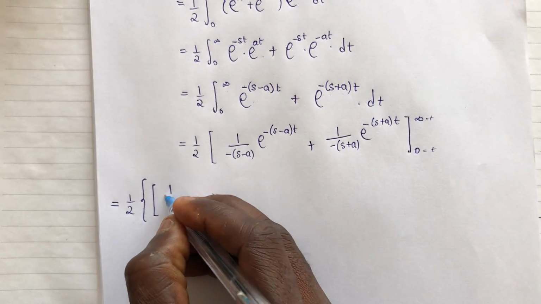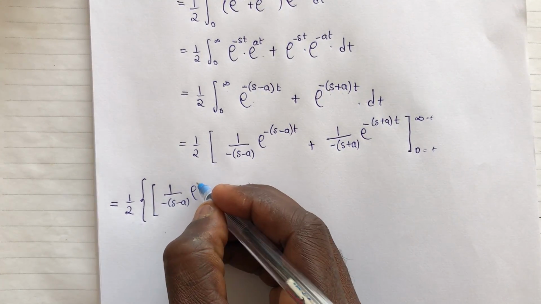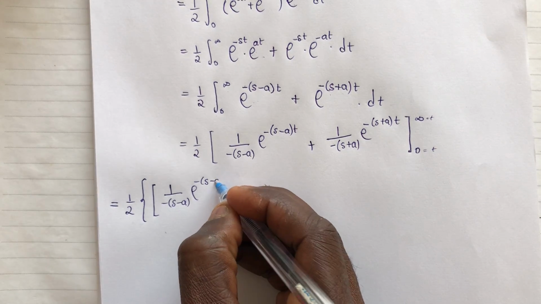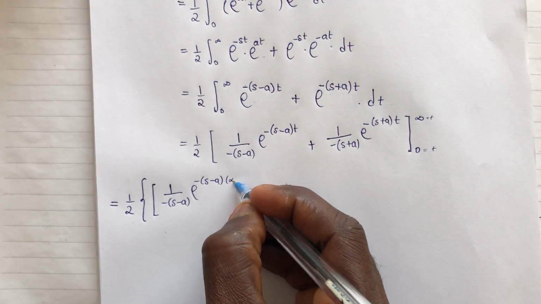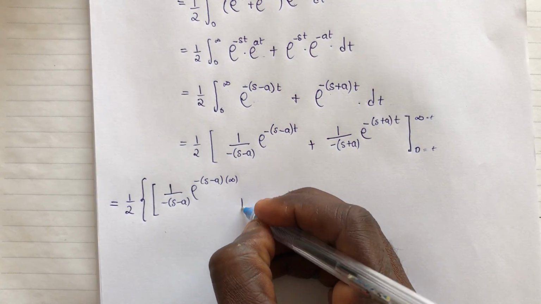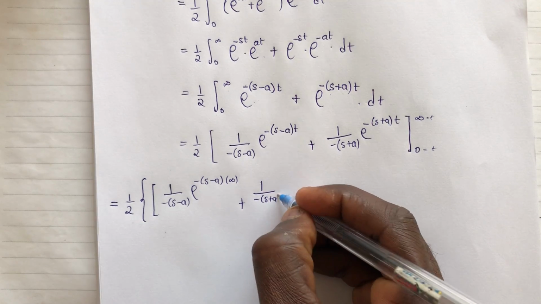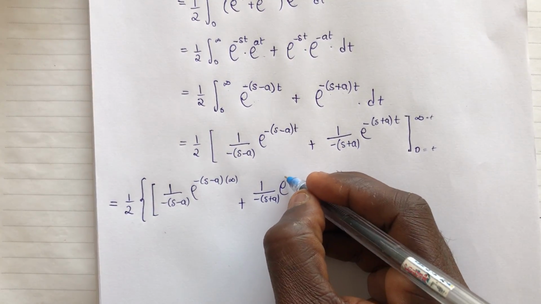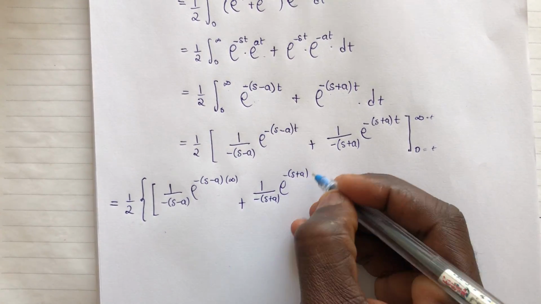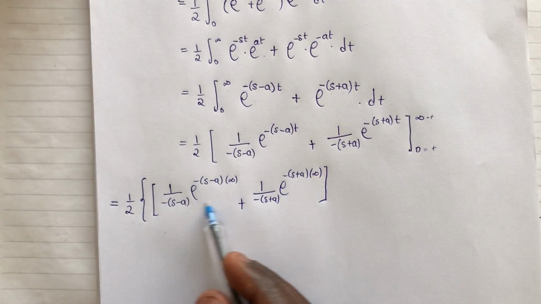We have 1 over minus s minus a e to the power negative s minus a into infinity. Okay, you do the same thing here, plus 1 over negative s plus a e to the power minus s plus a to infinity. Then we close this. So this is our upper limit.